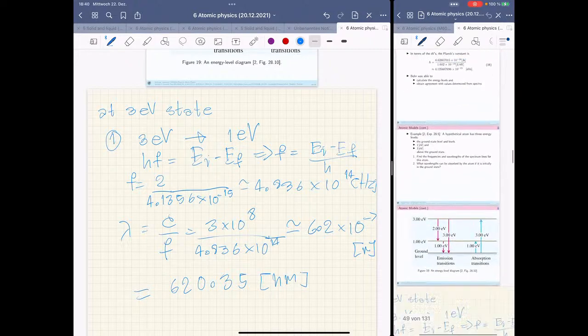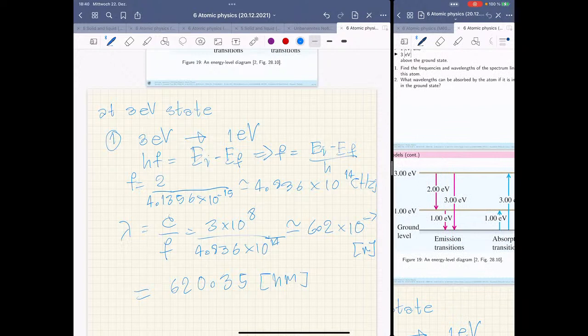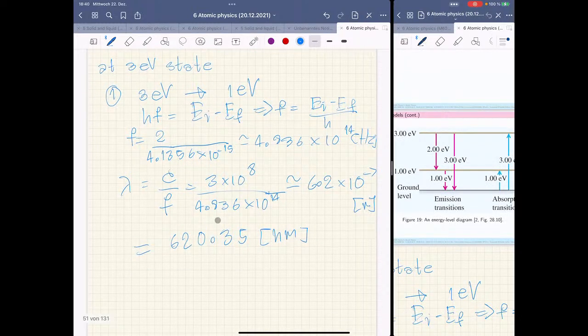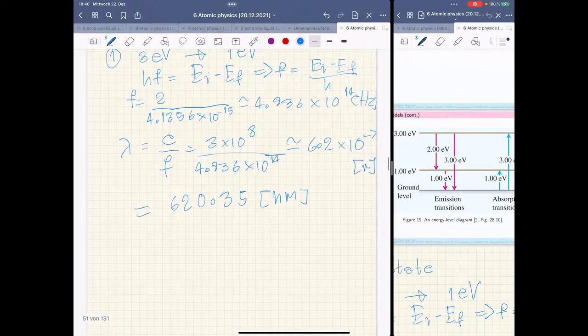And that's the first wavelength, from the 3 eV state to the 1 eV state. The next one is the 3 eV state to 0 eV. Let's say this is f1, level 1 to 2, and now we talk about the second frequency.